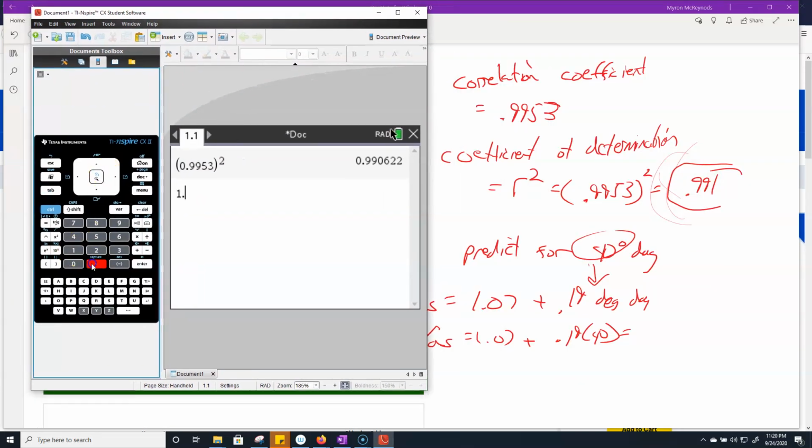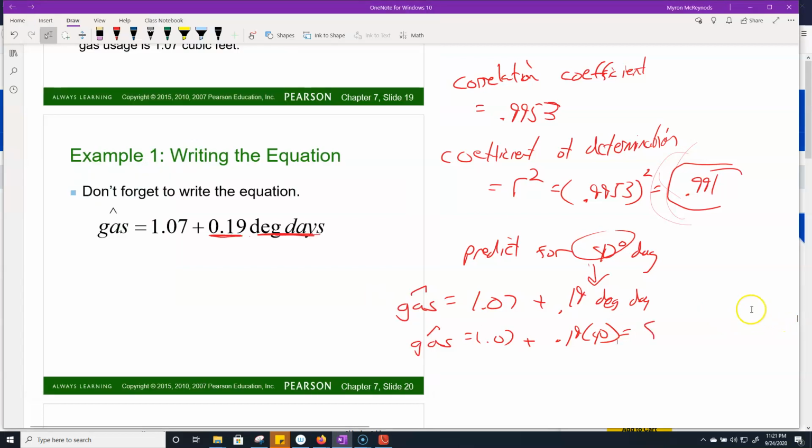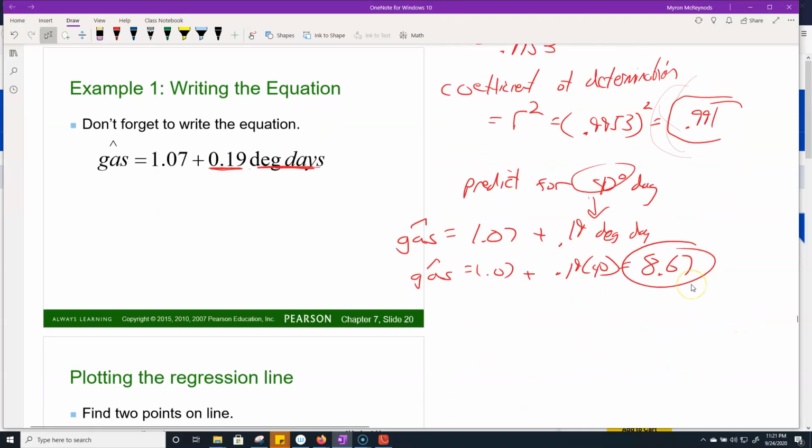I get 1.07 plus 0.19 times 40, and I get 8.67 as my answer. 8.67 for 40.